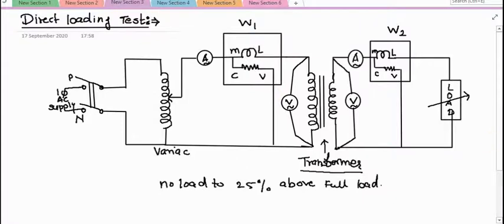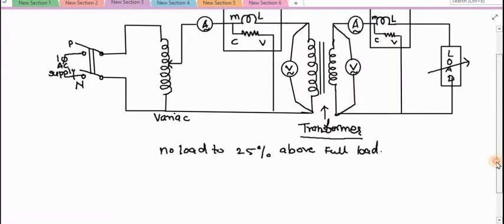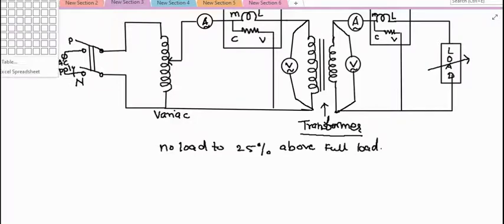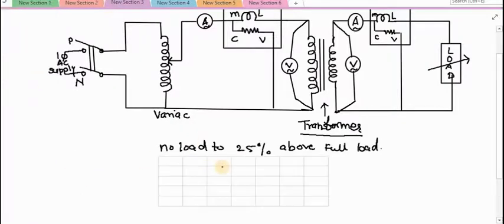So what is the observation table for this test? I will tell you. So the observation table, I will write down in this table what values you have to take.